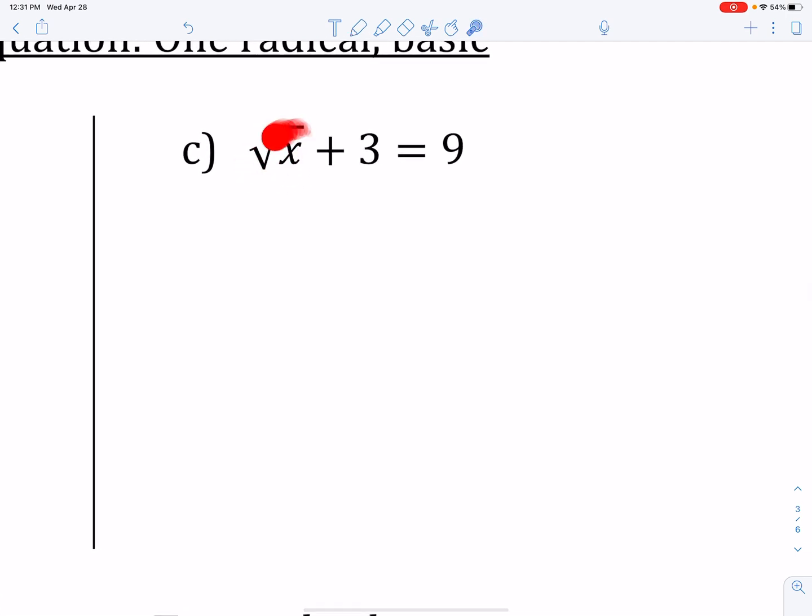I have this square root, and then I have 2 whole numbers that are like terms. Now, some of you are going to go, oh, well, I could just square root that and square root that. Well, before we do that, let's get rid of this 3. And now I have the square root of x equals 6. 9 minus 3 is 6.